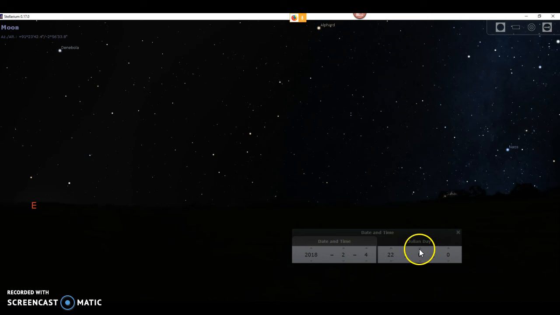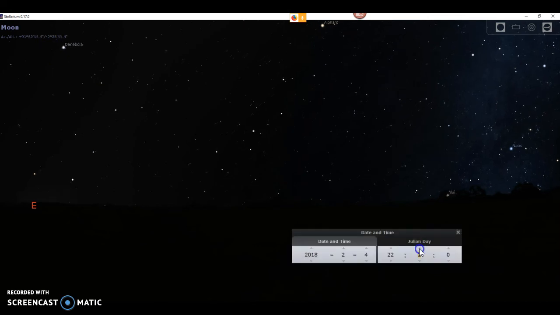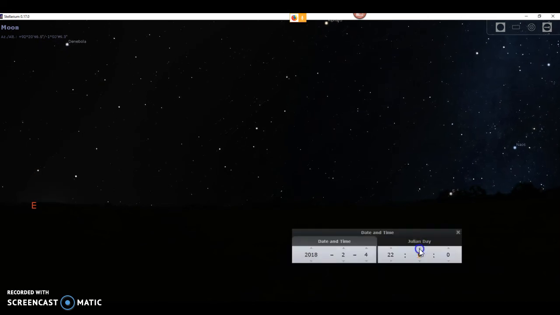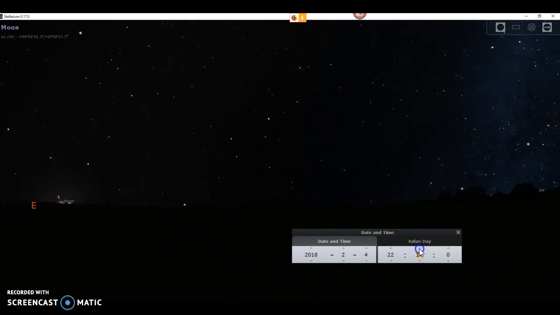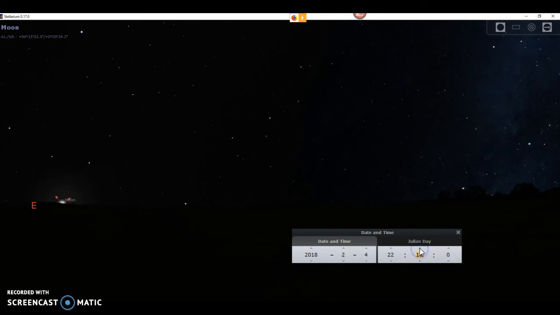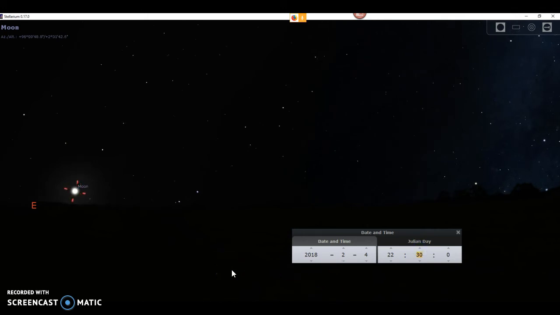So we're going to adjust our minutes up. Instead of adjusting by hours, we're going to go by minutes until we start seeing that moon come up, right around there. So right around, and we might as well just say 22:30 was the estimated rise time, because that's close enough.